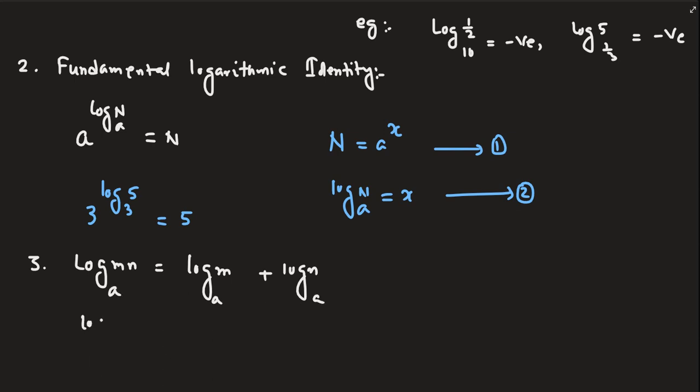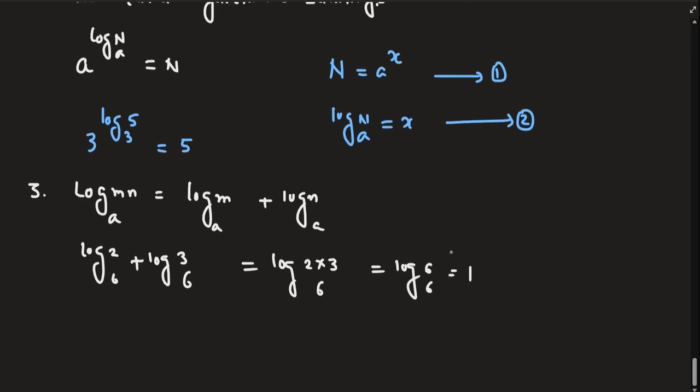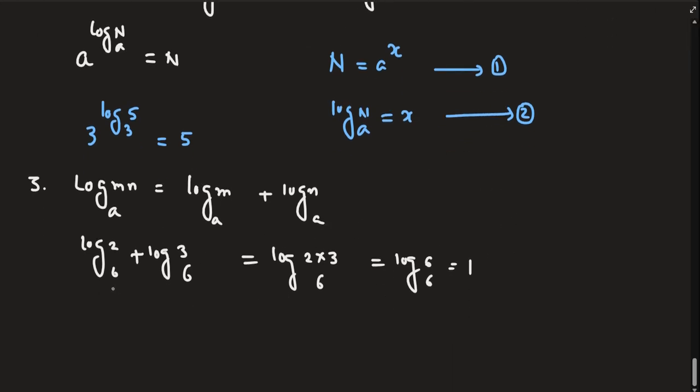Suppose you have log of 2 base 6 plus log of 3 base 6, so you can write log of 2 times 3 base 6, which is equal to log 6 base 6, and the value is 1. Is it clear? We generally don't know the value of log 2 base 6 without a table, but using the property, when you merge these two, you get the answer.